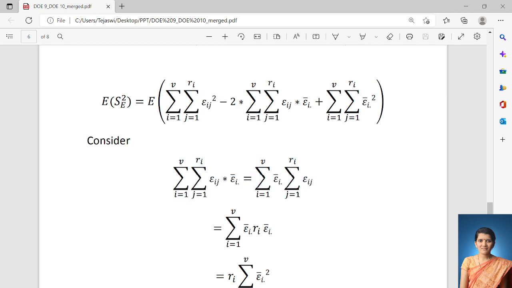The epsilon i dot bar is taken as a sum over i, and epsilon ij is taken as the sum over j.